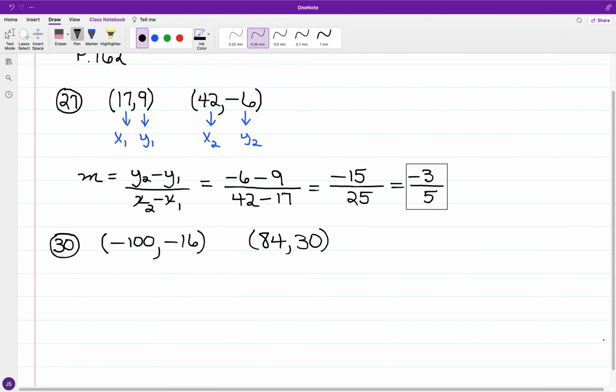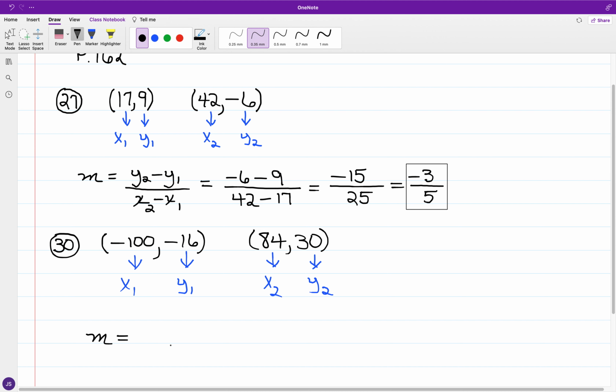And again, looking at the setup for the designation of the first and second x and y values, we will say that x1 will be in reference to negative 100, and negative 16 will represent y1, and we'll have 84 for x2 and 30 for y2.